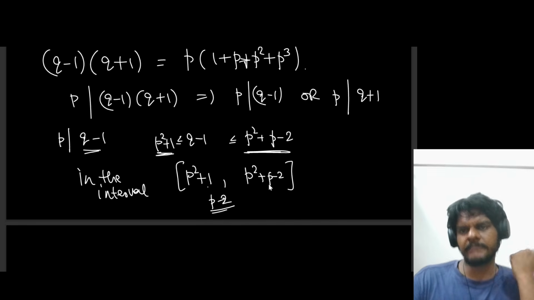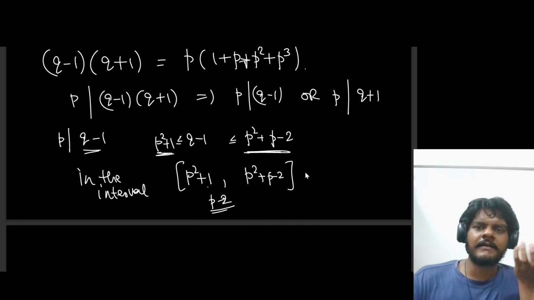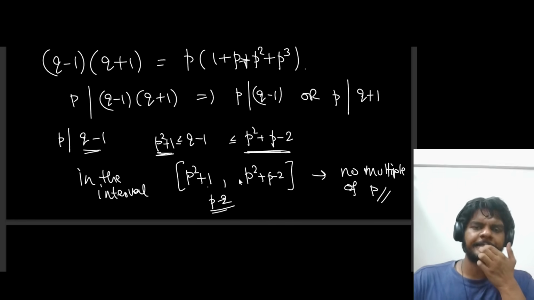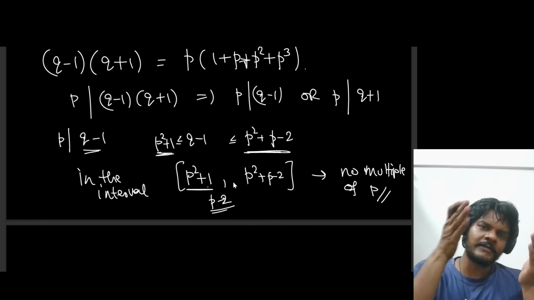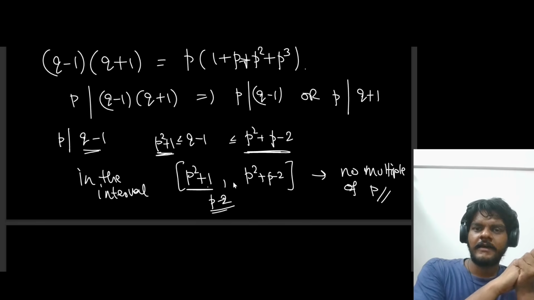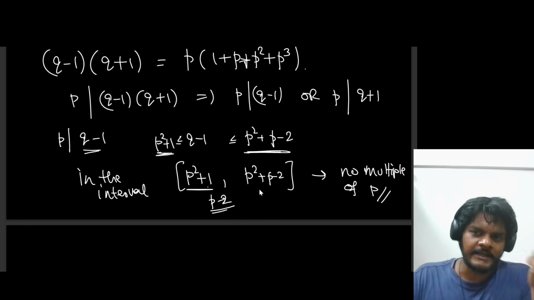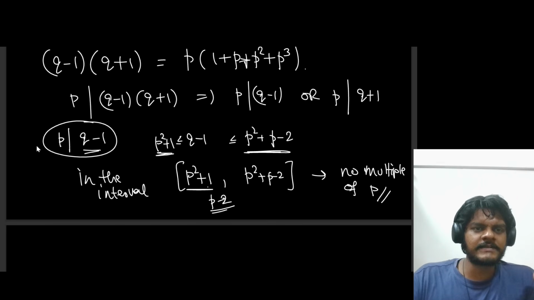There are 1 to p − 2 number of terms. There is no multiple of p, right? Because it starts after a multiple of p, which is p², and it ends before another multiple of p, which is p² + p. So there is no multiple of p, so this is not possible.